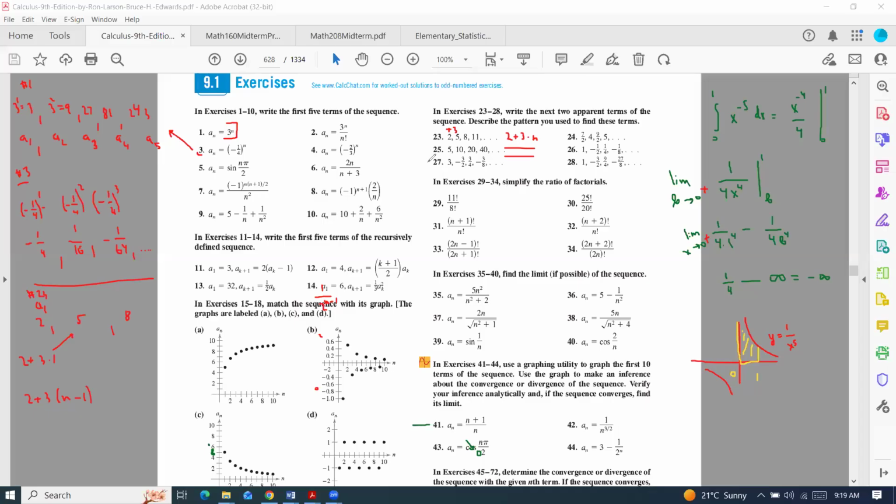Let's try 27. See, it's a good idea to try to do these short and nice problems. Compared with the integrations that we observed last time, it's definitely much nicer, right? So it looks like now in 27 we have the sign alternating. So it will involve a negative power there. So the first thing I look at is the numerator, and the numerator is the same.